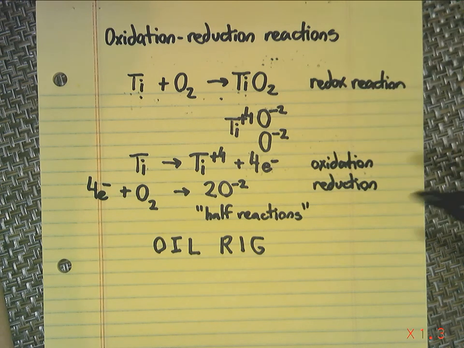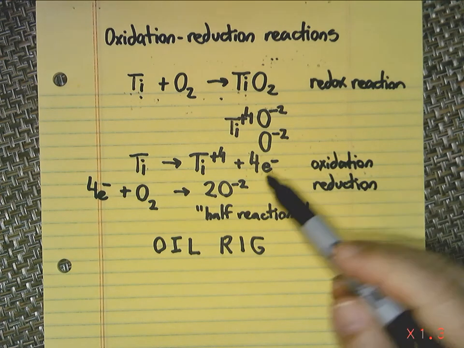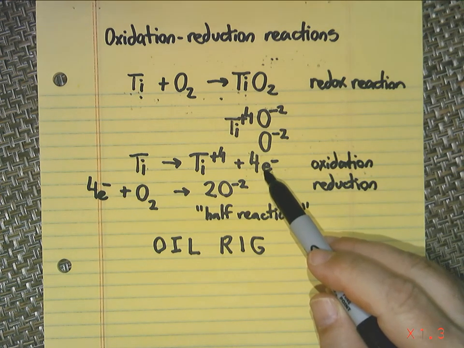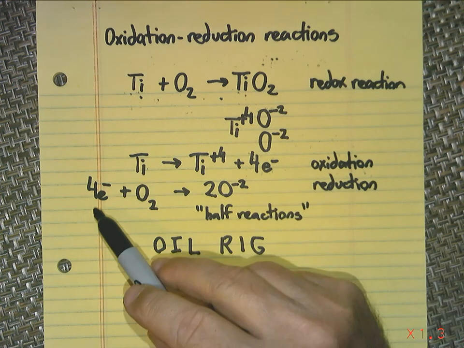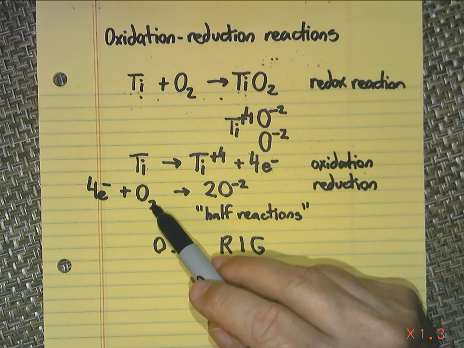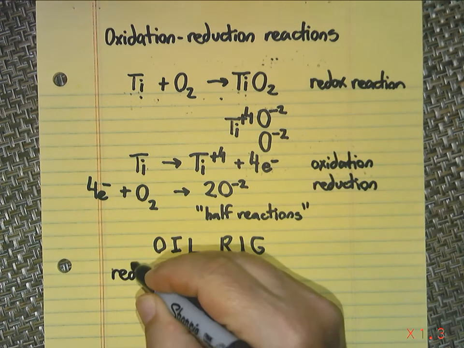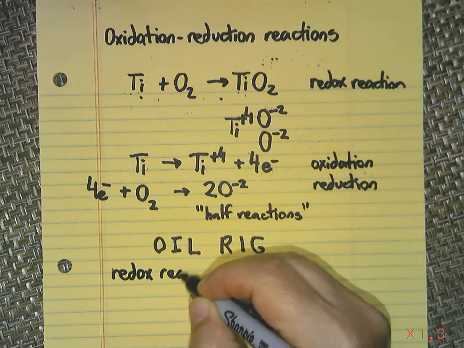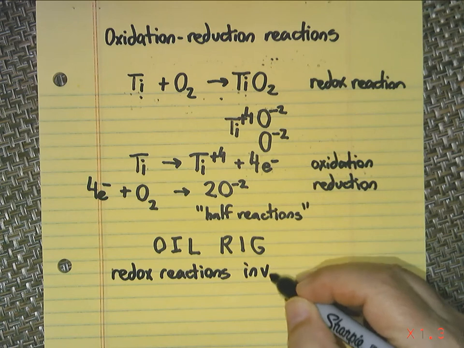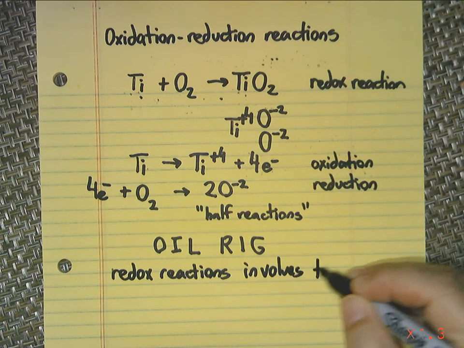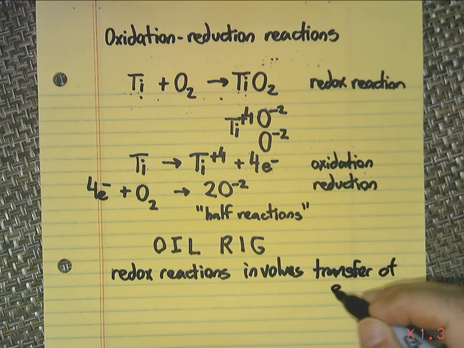Now what's important now is that we realize that there's an oxidation and a reduction coupled, and that there are electrons being transferred. The titanium is a source of electrons, and the oxygen soaks them up. It's a sink for electrons. So we can write a redox reaction involves transfer of electrons.